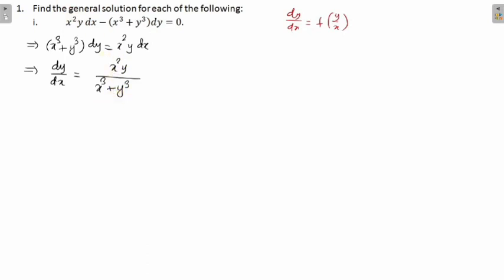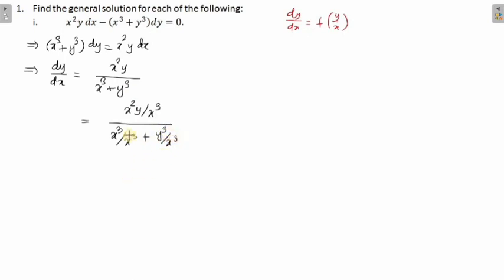In the numerator we have x square y by x cube, divided by, in the denominator, x cube by x cube plus y cube by x cube.